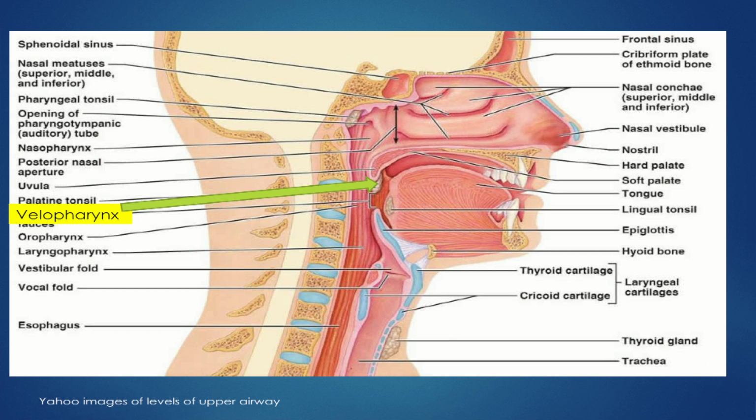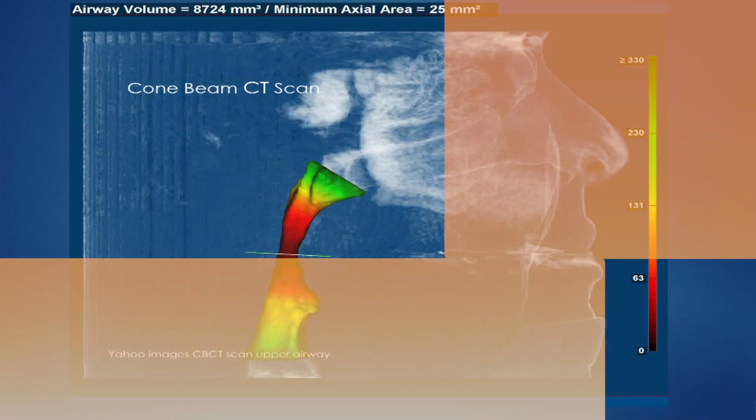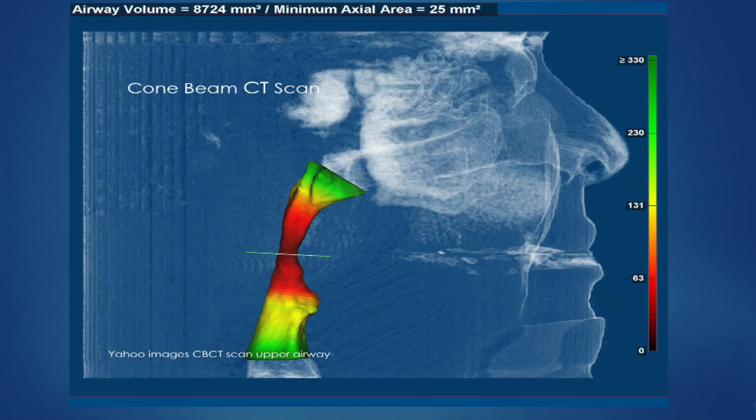This is where a cone beam CT scan could be very beneficial. In this illustration, it shows that the obstruction, or the smallest part of the airway, was at the level of the velopharynx. However, if we treat a patient for sleep apnea with an oral appliance and it's not effective, we have to think that the obstruction may be at another site than the velopharynx.